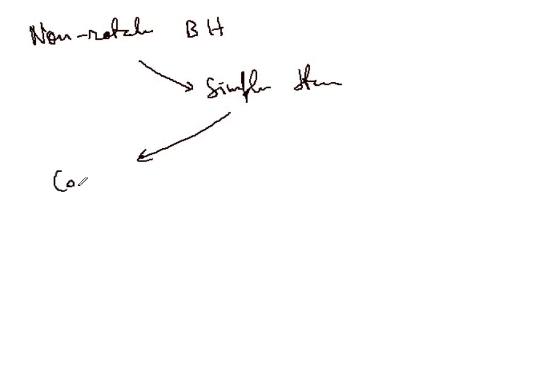At the center is the singularity, a point of zero volume and infinite density where all of the black hole's mass is located. Also, space-time is infinitely curved at the singularity. And outside this singularity is the event horizon.